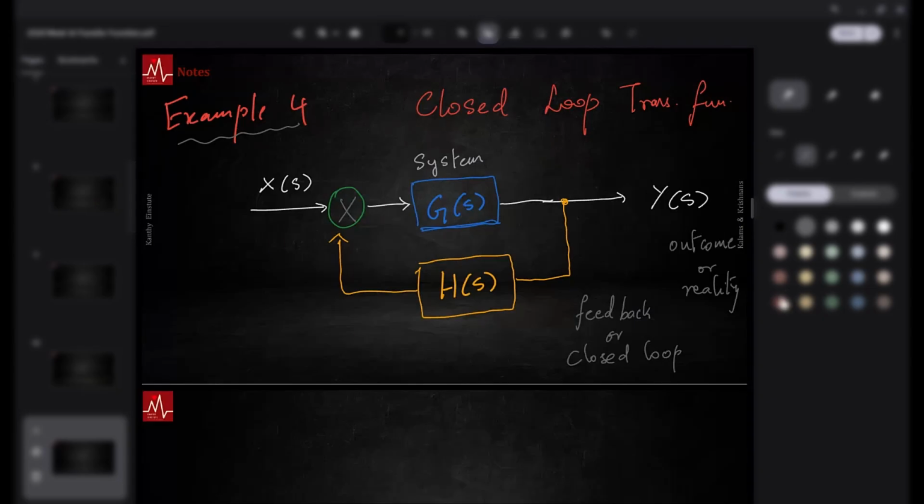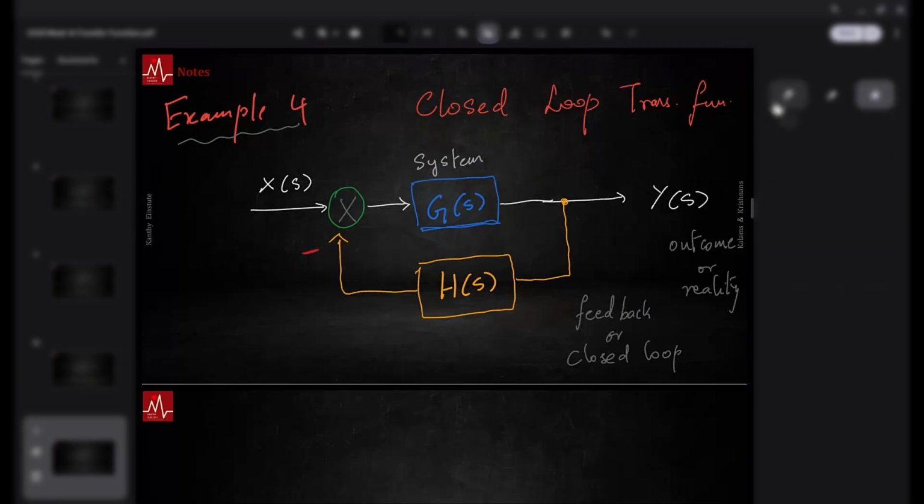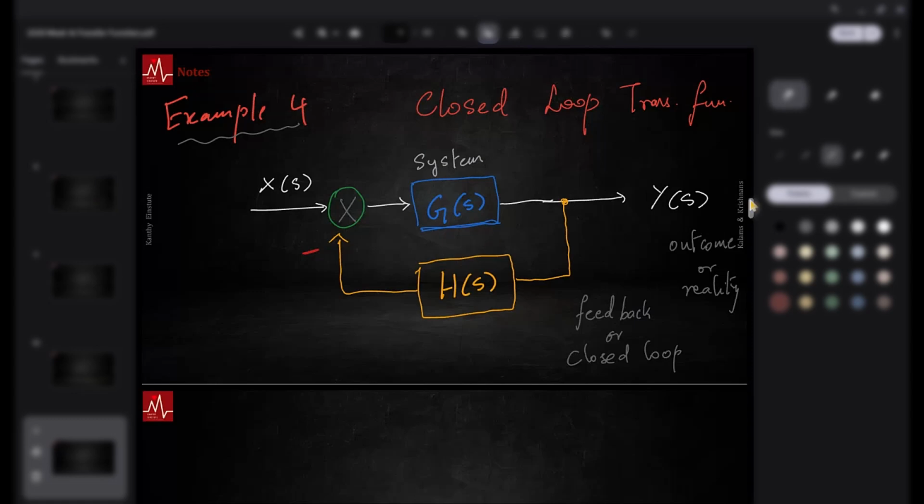So what keeps things stable is you do a negative of what the output is. If you do a positive, the feedback is unstable. This is intention or wish, and what you really are giving is negative feedback.